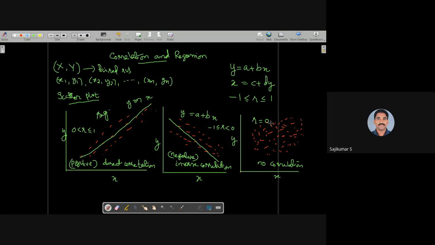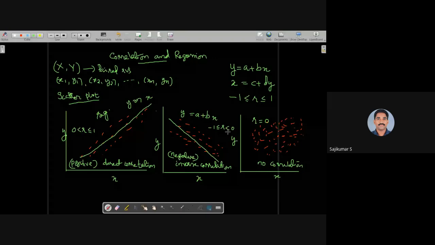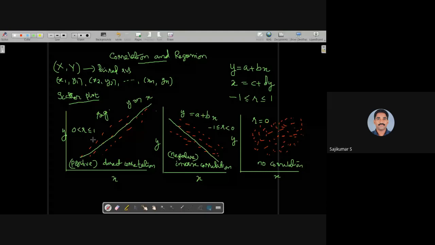In the extreme case, you can have an exact value r is equal to 1. Here you can have r is equal to -1. When r is equal to 1 or r is equal to -1, we say that there is a perfect correlation. That means all the points in our data, x1, y1, x2, y2, etc., xn, yn, lie on an exact straight line.